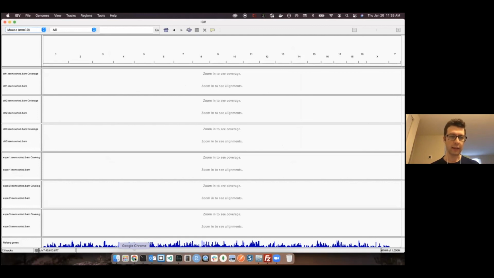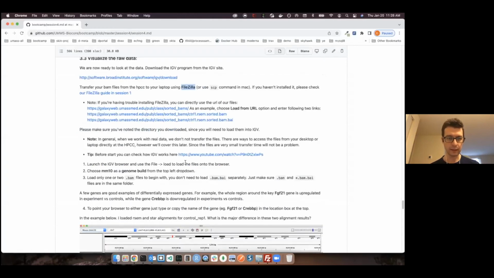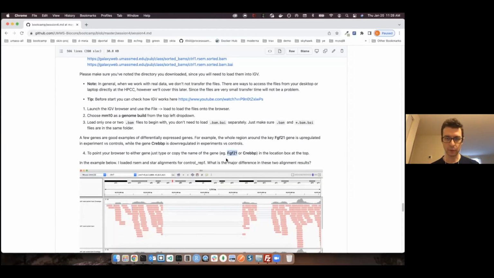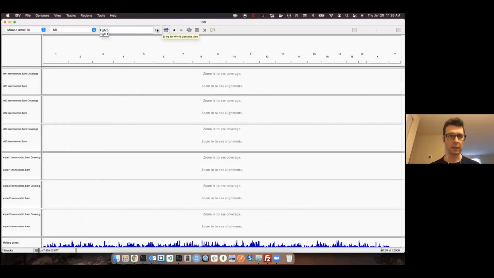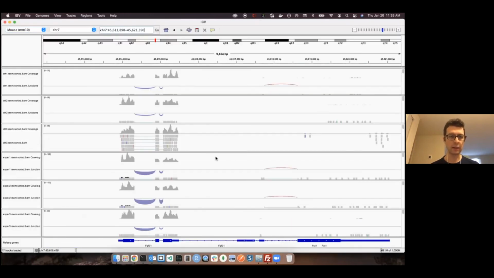So I can enter either a chromosome name or some gene name that might be interesting. For example, this HGF. And it will zoom to that region.